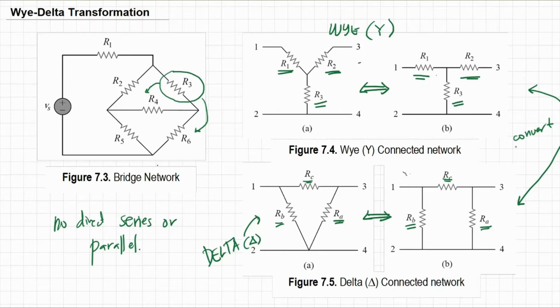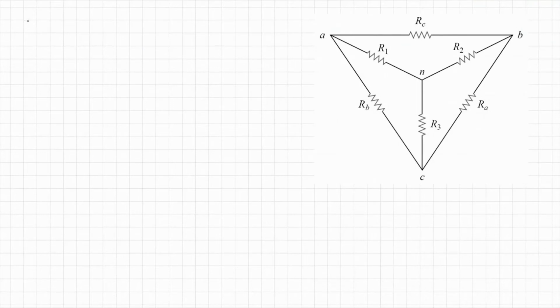In order for us to explore the possibility of transforming Y to delta and delta to Y, let us first establish the formulas that we can use for this particular setup. Suppose we have a Y-connected network. So yun yung gusto nating ma-achieve and we have a given delta.